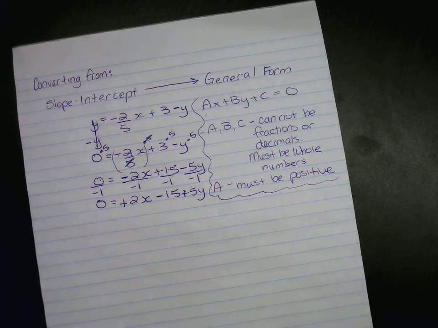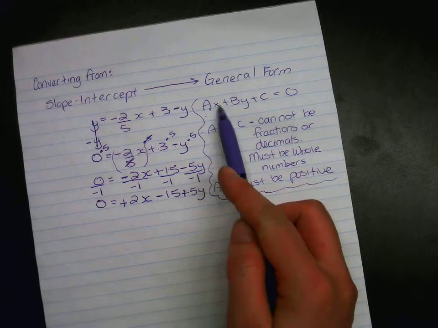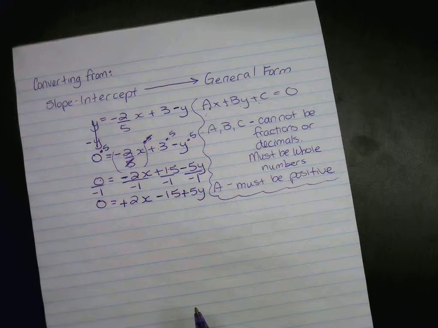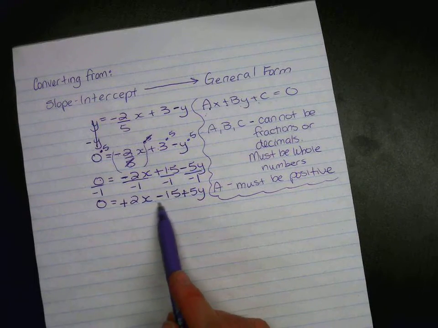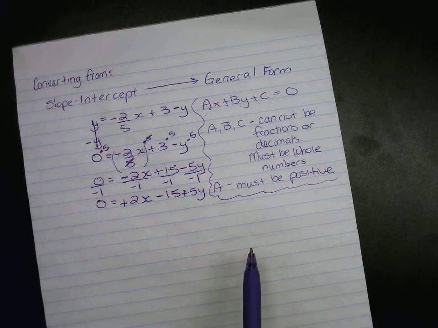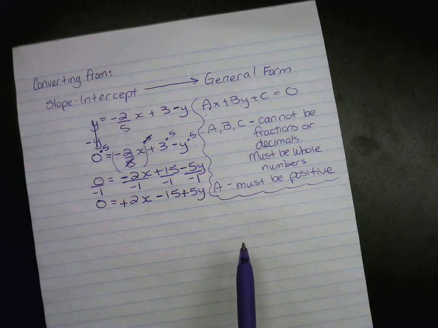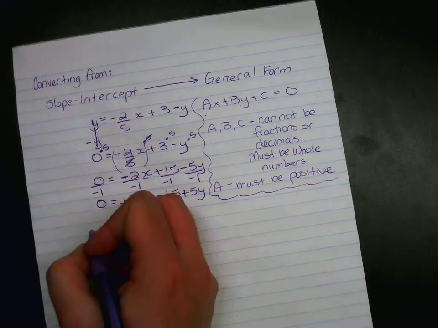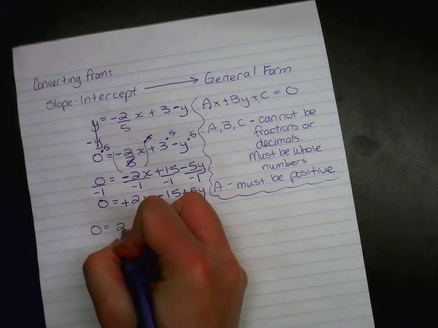At this point, we almost have general form, but general form has to be in the format of ax plus by plus c equals 0. We need to move our y so it comes before the constant value of negative 15. All we have to do is move it with its sign. So we have 0 equals 2x.